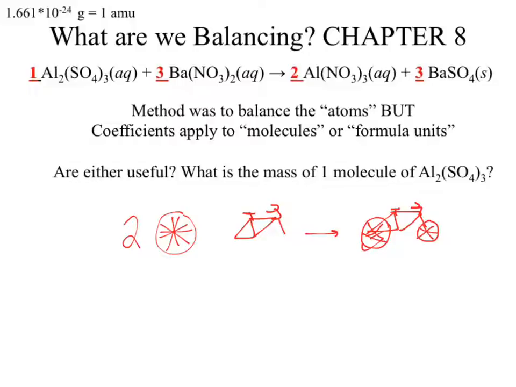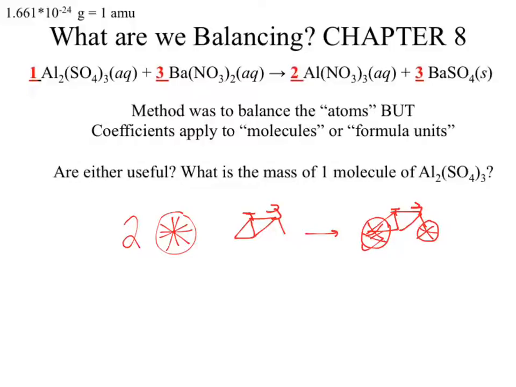So let's go back to the original question. What you guys postulated from the equation shown above, same context, is that if I took 1 gram of aluminum sulfate, I needed 3 grams of barium nitrate, and then I could make those products. So what if I give you 2 grams of bicycle tires? How many bicycles can you make?